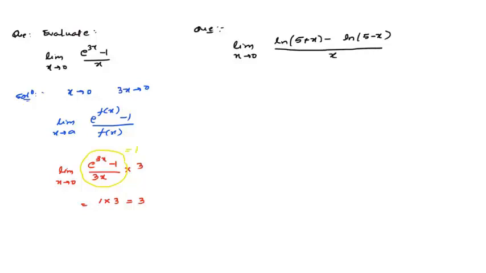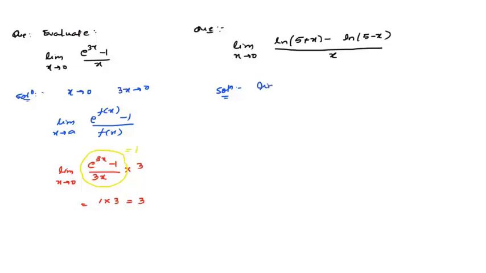We have to evaluate this. So let's start. From the standard limits, what we want is ln of (1 plus x). So we'll try to convert it into ln of (1 plus x) or ln of (1 plus f(x)).